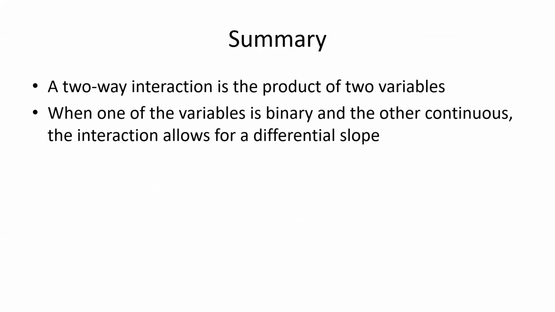Good. A two-way interaction is the product of two variables. When one of the two variables is binary and the other continuous, the interaction allows for differential slope. Next, we will look at an interaction between two binary variables. But this is the end of this segment.